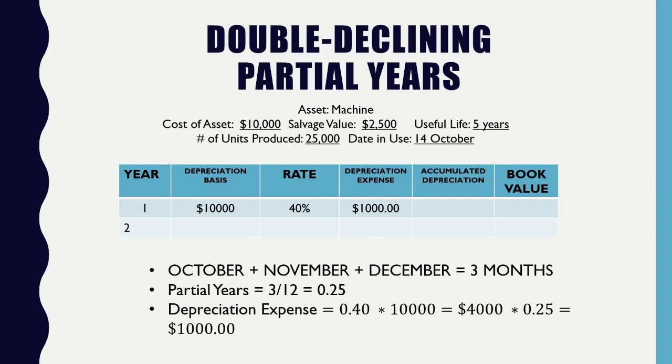So it's going to allow me to shorten the asset's life, because I am using it so much in the beginning of its years. So you have to make sure that it's time sensitive here, because it's very important that you understand that my asset's not 1 year old. It's only 3 months old. Okay.